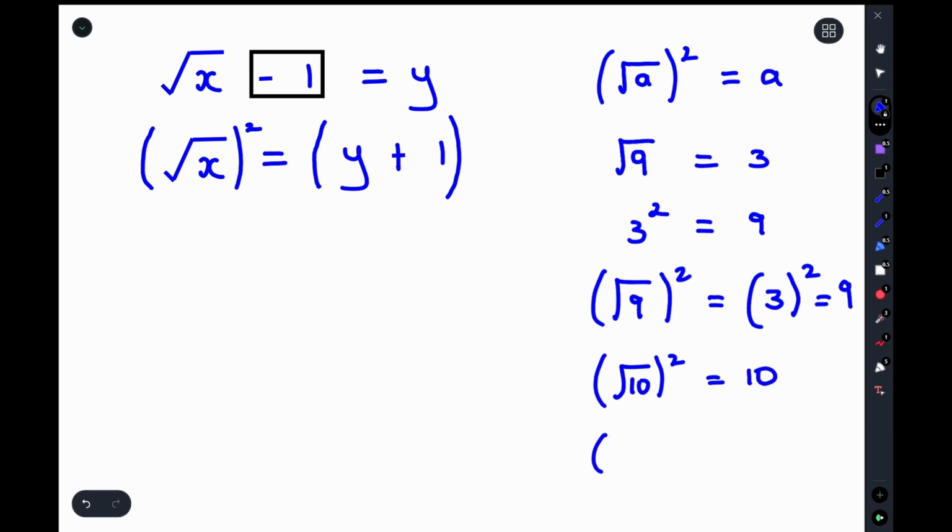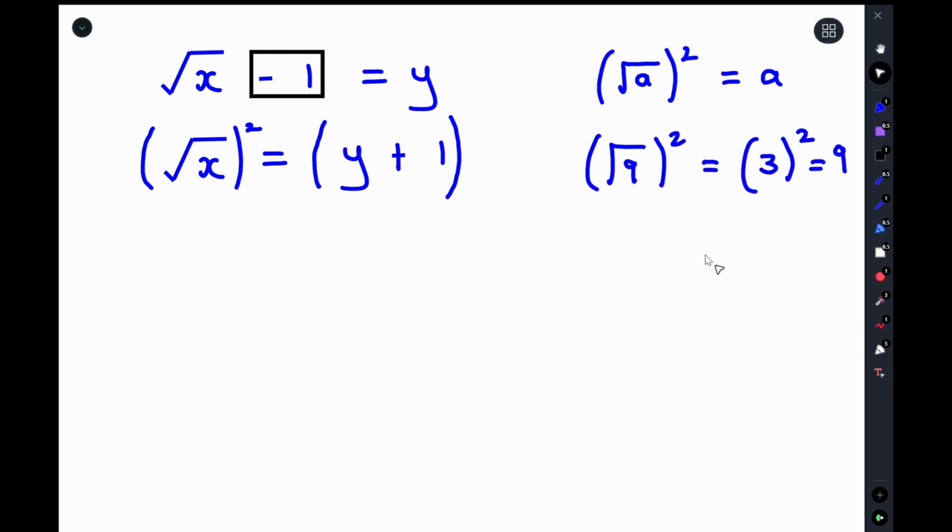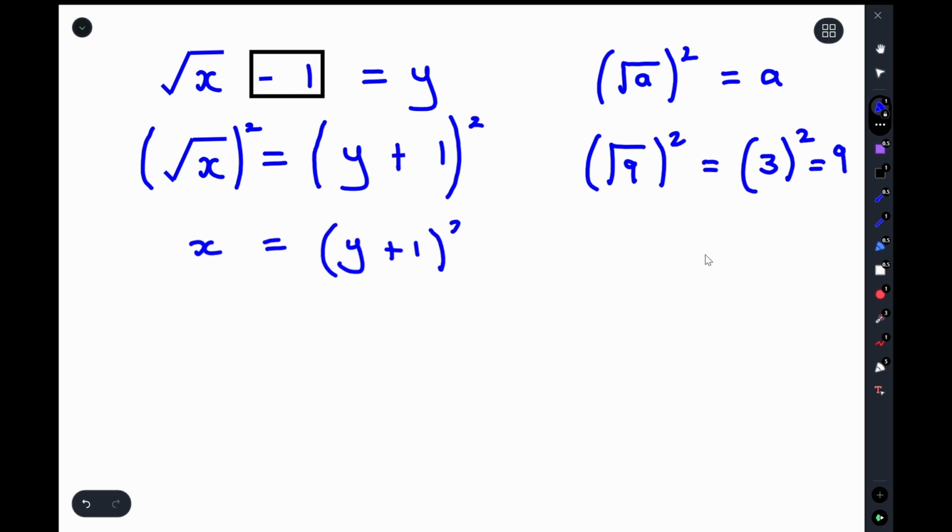Square root of m squared will give us that term in the square root, which is m. Now using this principle, the square root of x squared will be x is equal to y plus 1 squared. And that is our answer.